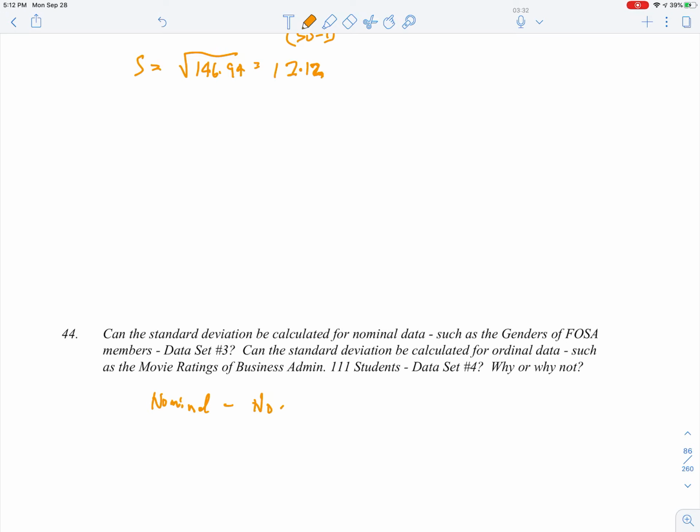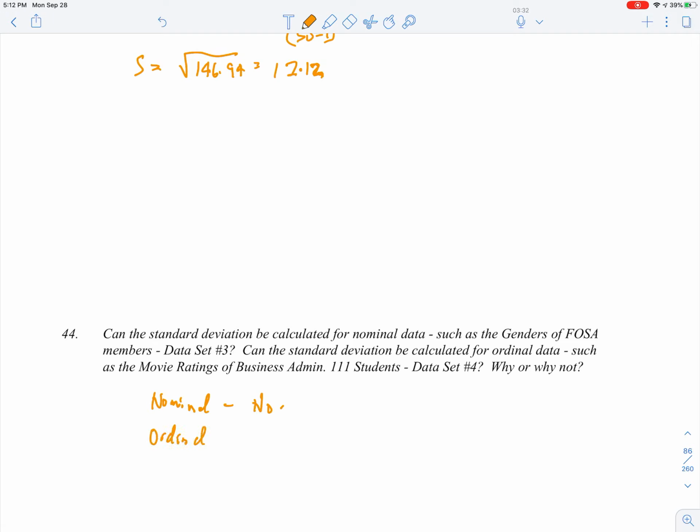And so when you're talking about nominal classifications here, remember any numbers that you assign are just simply used for classification purposes. And you don't even have to assign numbers. And so you can't then come up with an average gender, and therefore you can't come up with a standard deviation of a gender. So you can't do that for nominal data.